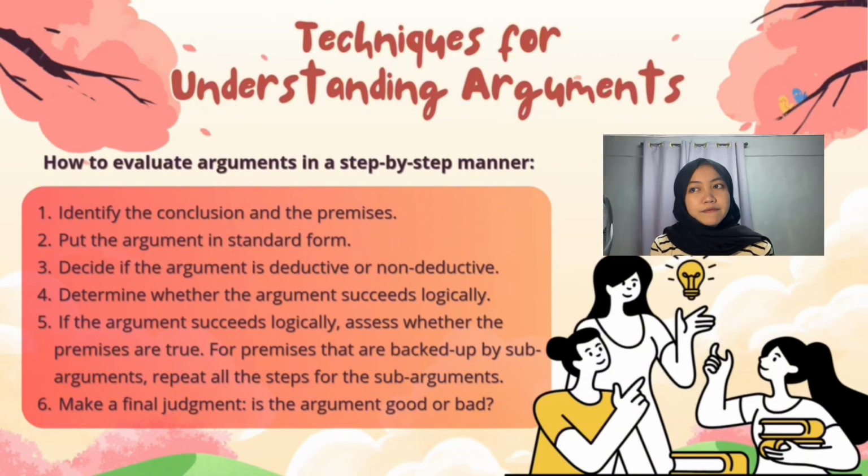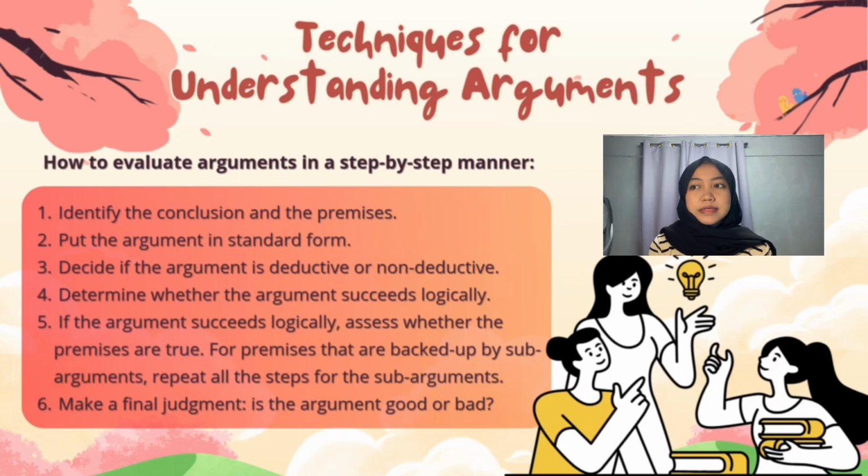Knowing how to identify arguments is important because, first, it can help you with your critical thinking because it helps you to think clearly and evaluate your ideas. The second is better communication because you can express your views more effectively and engage in discussion. The third is a more informed choice, because you can make a better decision by understanding a different perspective from other people.